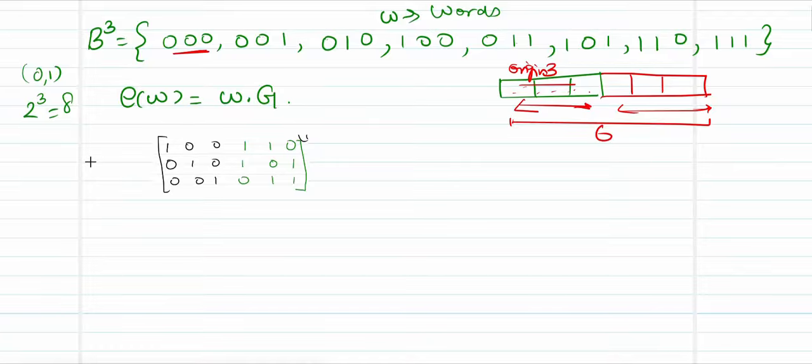Word 1 which we are going to encode is 0, 0, 0, which is now multiplied with our G, which is 1, 0, 0, 0, 1, 0, 0, 0, 1, 1, 1, 0, 1, 0, 1 and 0, 1, 1. The final answer we will get is 6 bits long. We know the rule of multiplication, a row versus a column.